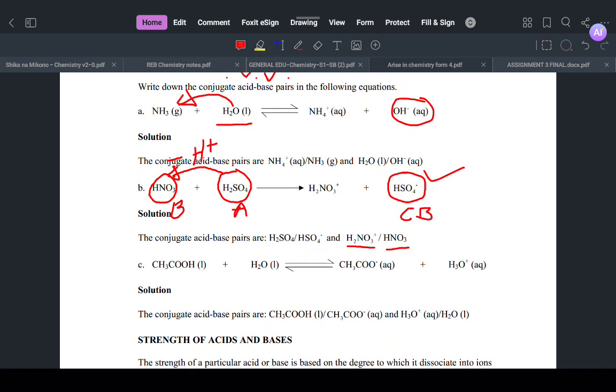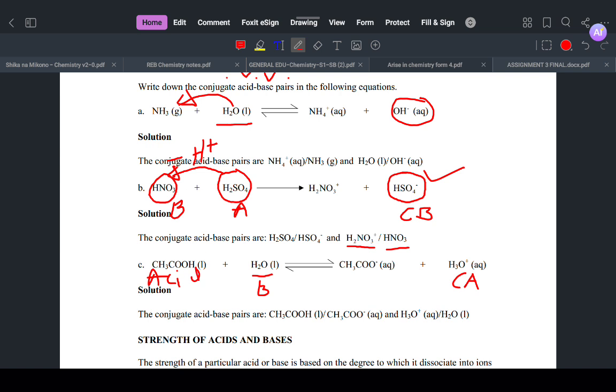Here, over here, we have water. You can see water has received a hydrogen ion. Therefore, this is a base. And what is formed is a conjugate acid. And this one here is our acid.